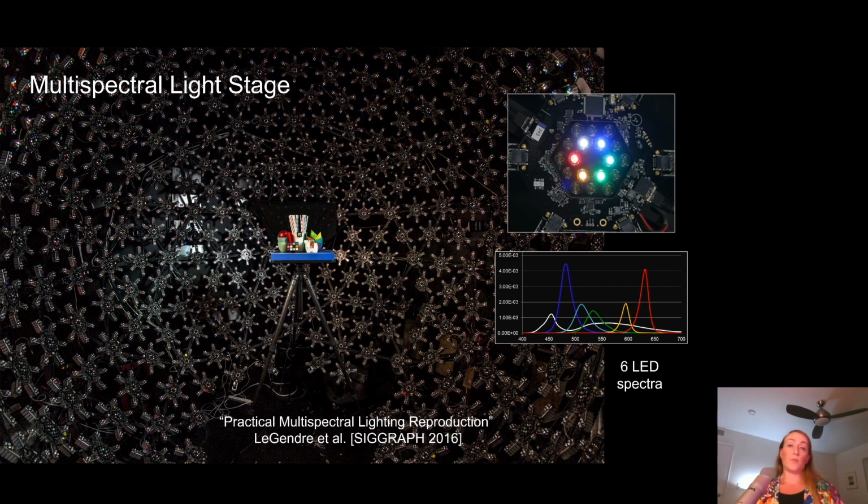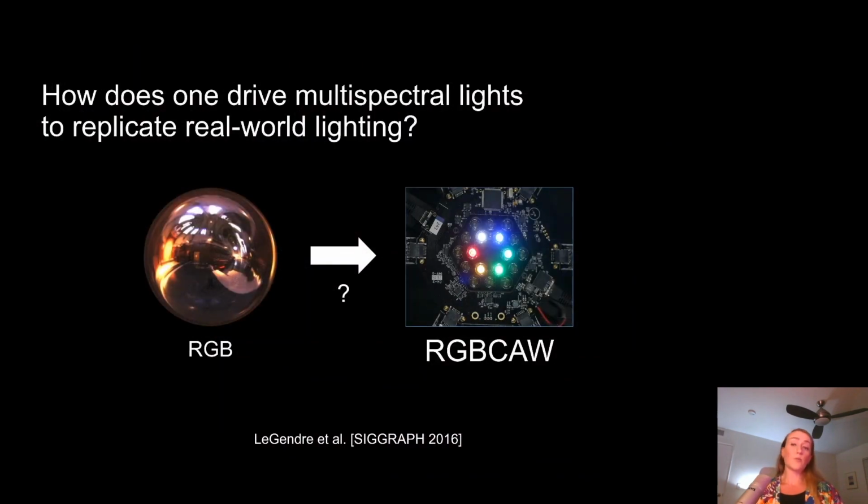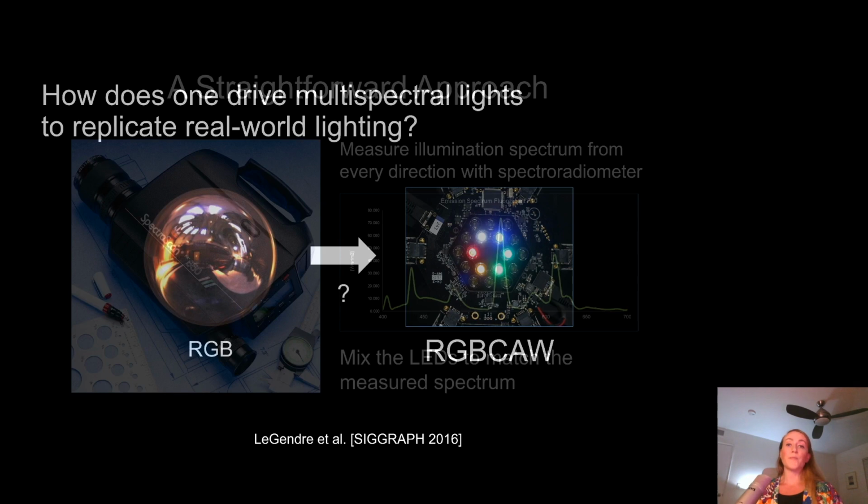Now, in work that we presented at SIGGRAPH in 2016, we tried to answer the following question. How does one drive multispectral lights to replicate real-world lighting? And in particular, how does one use 3-channel RGB light probes to drive multispectral lights that have 6 or even more spectral channels?